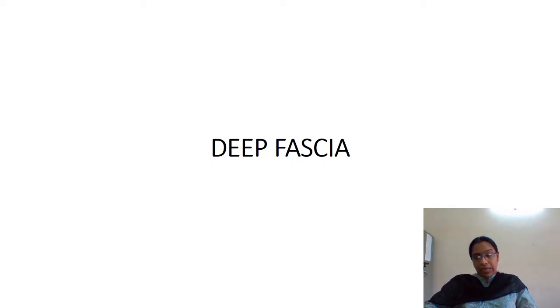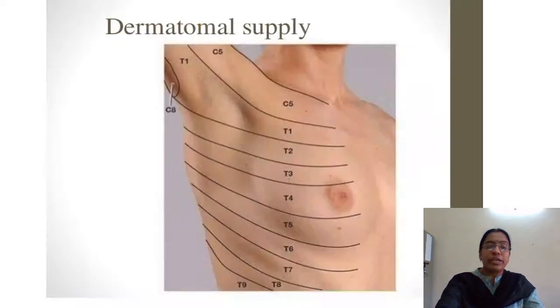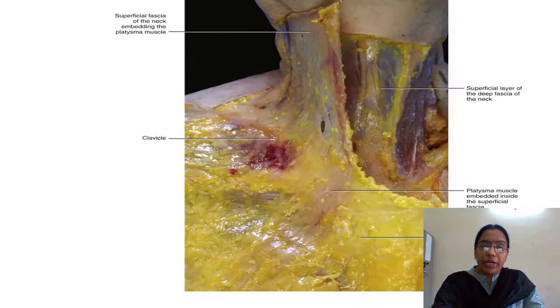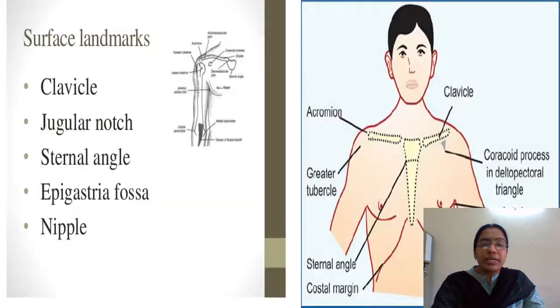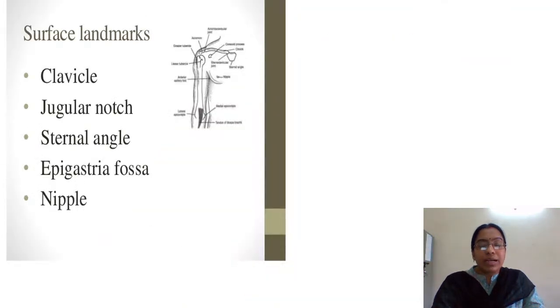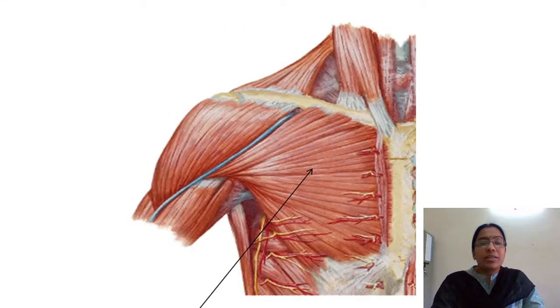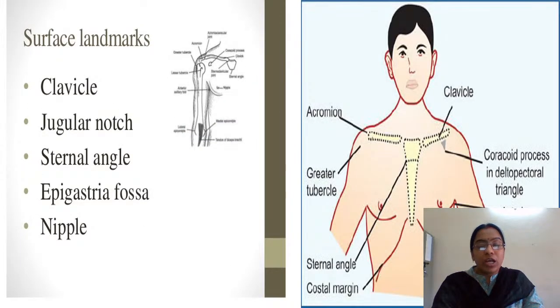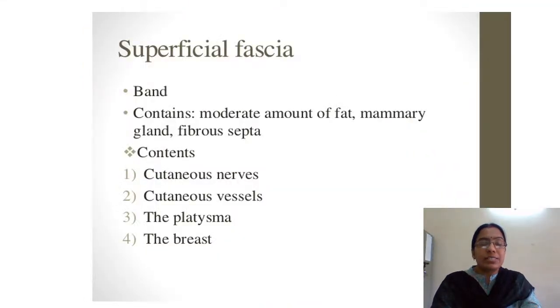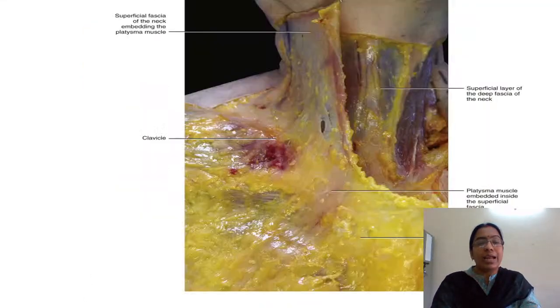So when we take an overview of the superficial fascia of the pectoral region, first we told what the contents of the superficial fascia are. They include the cutaneous nerves, vessels, platysma and the mammary gland.